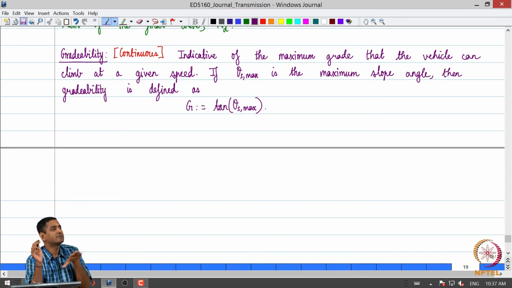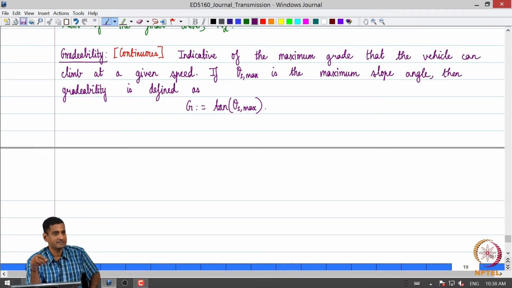The adjective continuous considers a scenario where my vehicle is going on a grade but at a constant speed. Now if a vehicle is going at a constant speed on a grade, what do you think are the loads that the powertrain needs to overcome? Yesterday we identified 5 loads, right? Inertia, aerodynamic drag, grade resistance, rolling resistance and draw bar pull.